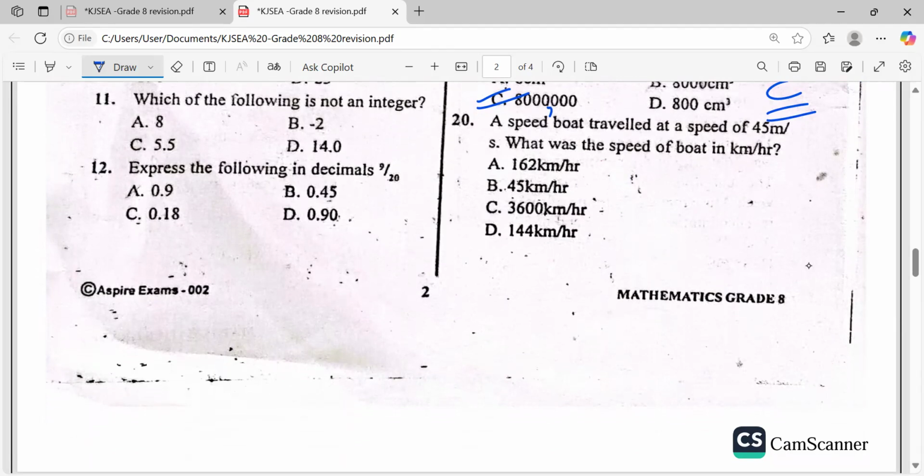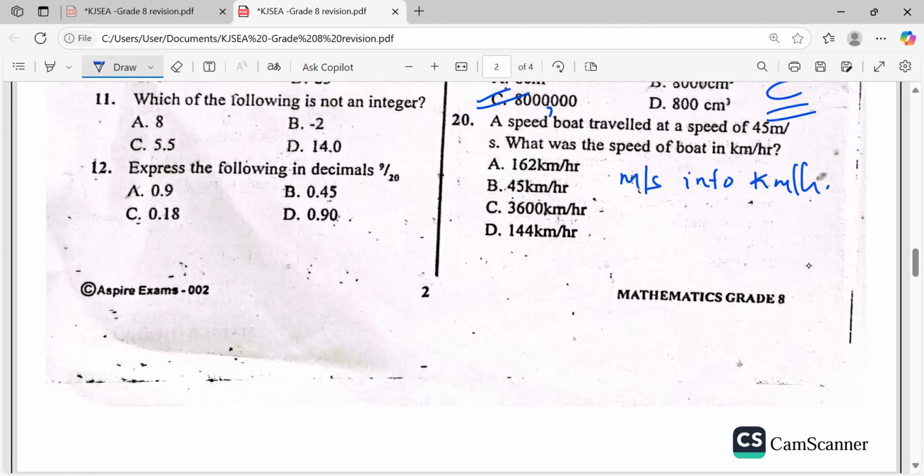In kilometers per hour. How do we convert meters per second into kilometers per hour? How do you normally convert this? Now, let me give you the shortest formula that we are going to use.